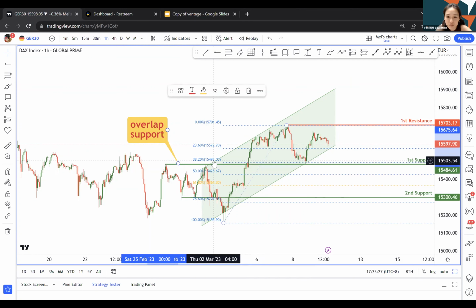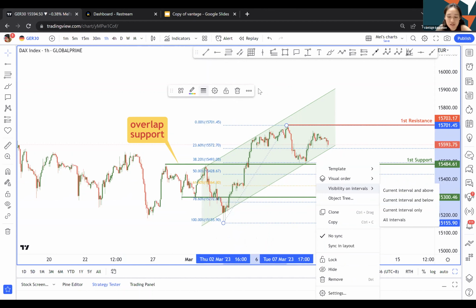You can see now 38.2 lines up nicely. 78.6 also lines up with my second support, so I'm going to remove the rest.